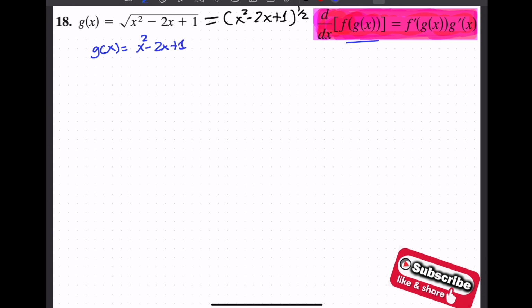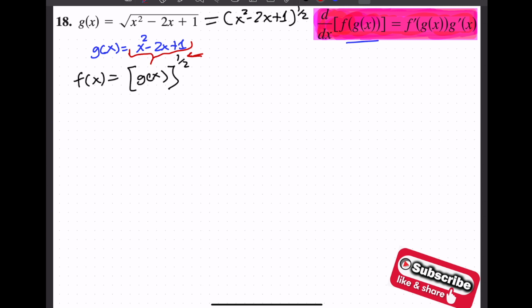On the other hand, my f of x is simply g of x raised to the 1/2 power. So my g of x is here, and all of it is raised to the 1/2 power, as you can see.